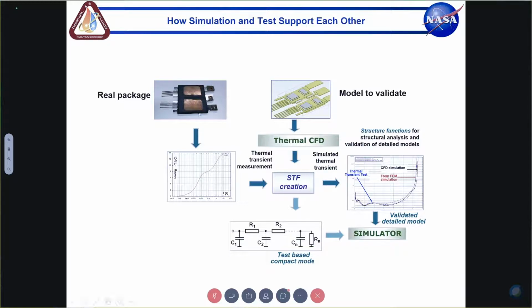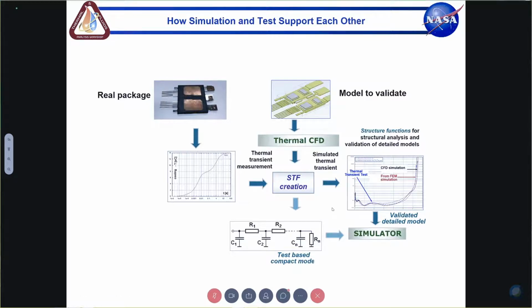So briefly talking about model correlation, this is an IGBT with 2 IGBT components, the half bridge in a dual side cooled package. And this is a CFD model we created describing the physical package as well. How can you use this technology for correlation? Actually, there are 2 ways.